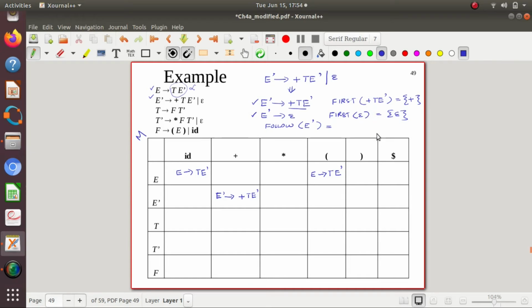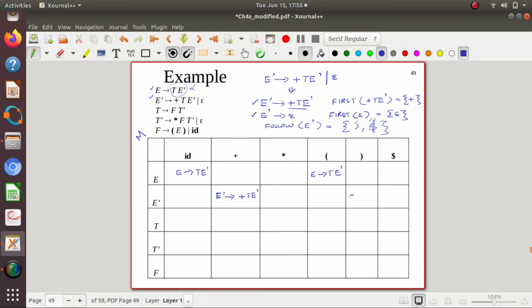The right parenthesis and the dollar symbol, these two will come under the follow of E dash. So what do we have to do? We have to index using these. One is this one and the other is this one.